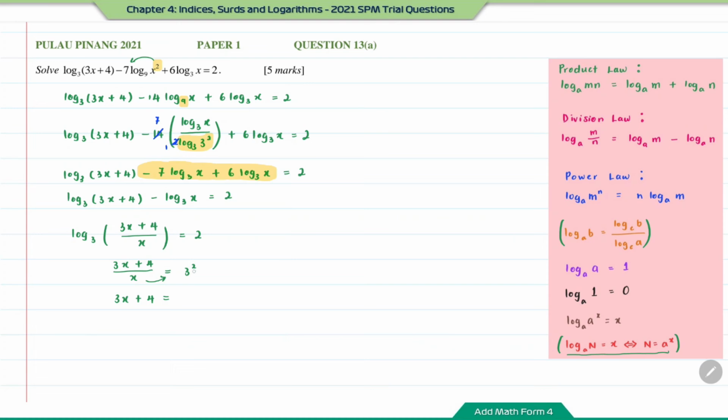So here you're going to have 3 squared, which is 9, times x is 9x. Move this 3x to the other side, so 9x minus 3x is 6x. This is equal to 4. Therefore, x is equal to 4 over 6. Simplify this, you will find that x is equal to 2 over 3.